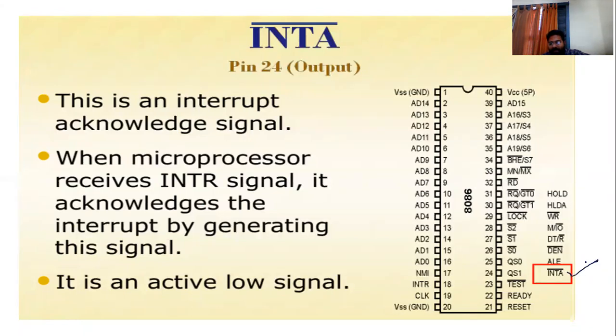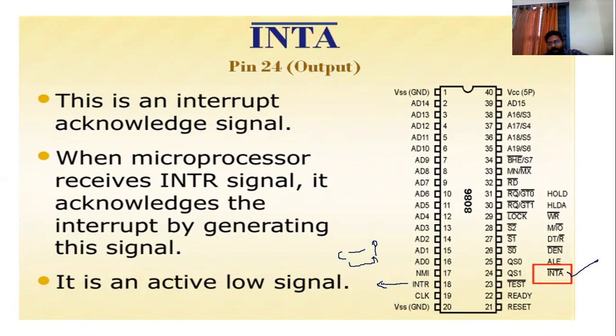INTA, interrupt acknowledgement signal. You know that for the printer and computer operations, say you are printing 100 pages, but you stop that and print another document. At that time, you send a request from the computer to the printer. You just interrupt that one.